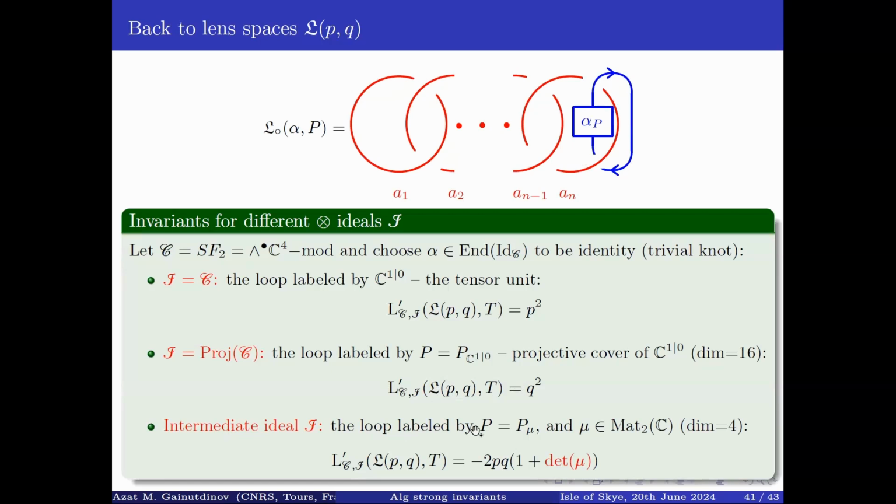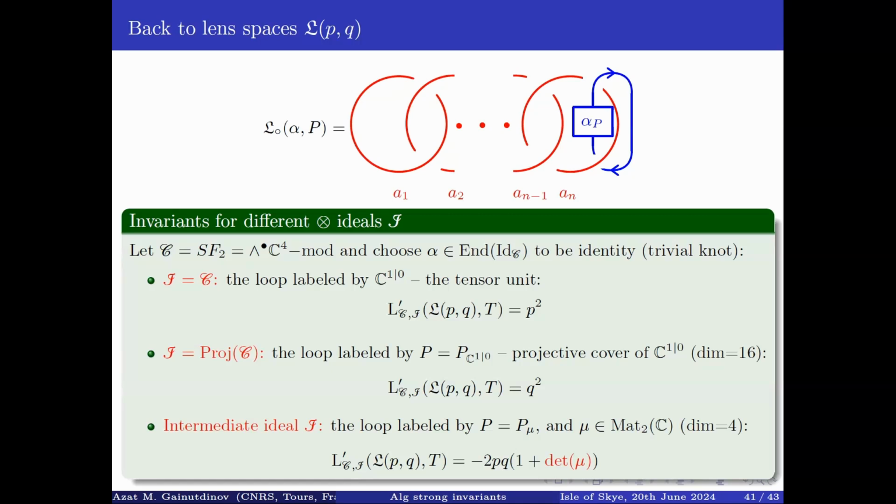Now, remember for this situation with a two-dimensional vector space in a four-dimensional vector space, I have this pullback ideal which contains continuously many non-equivalent indecomposable objects, P mu. They are labeled by a 2 by 2 matrix mu.